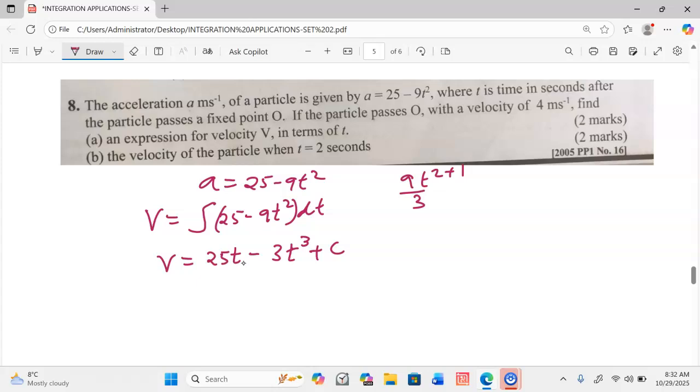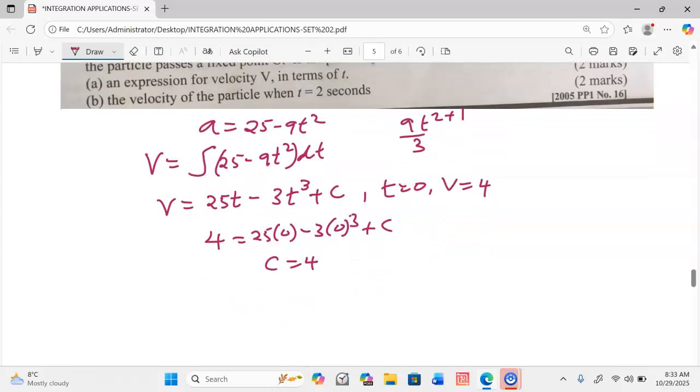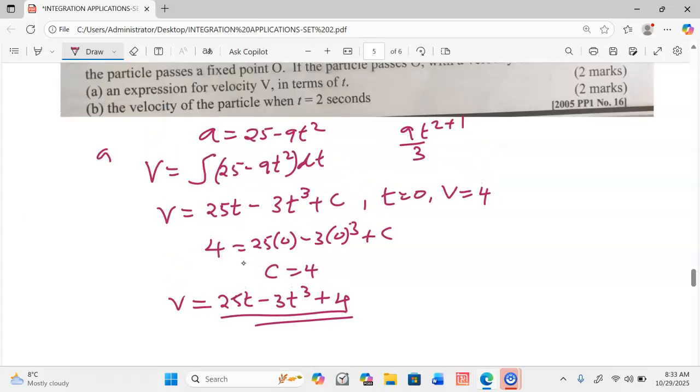At this point, we know when t equals 0, the velocity is 4, and therefore v is going to be equal to, remember v is already 4, which is going to be 25 times t, which is 0, minus 3 into 0 cubed, plus c, meaning the value of c is going to be 4, and therefore the specific function for the velocity will be 25t minus 3t cubed plus c, which is 4. And by so doing, we have done the first part of this question.